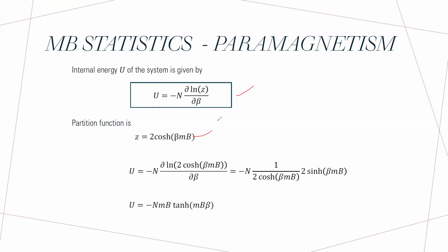So I can plug it here, and I'm getting this as the internal energy. So internal energy is equal to minus N times m times b hyperbolic tan of m b beta.